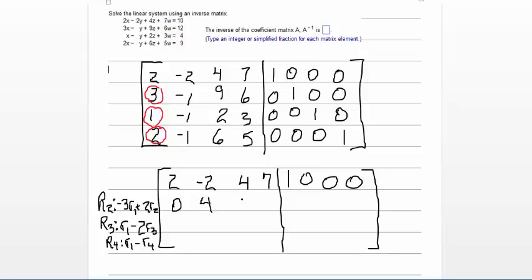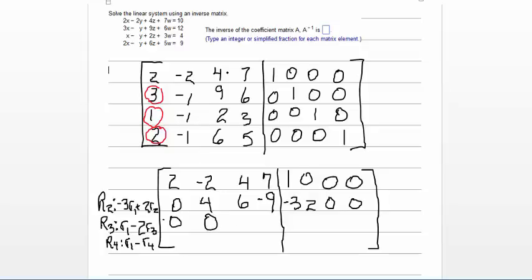So the entries in row 2 will be 0, 4, 6, -10, -9, -3, 2, 0, 0. And so you can check that that's actually true.